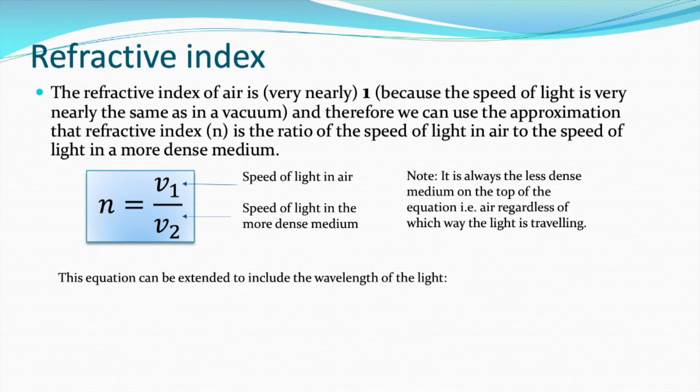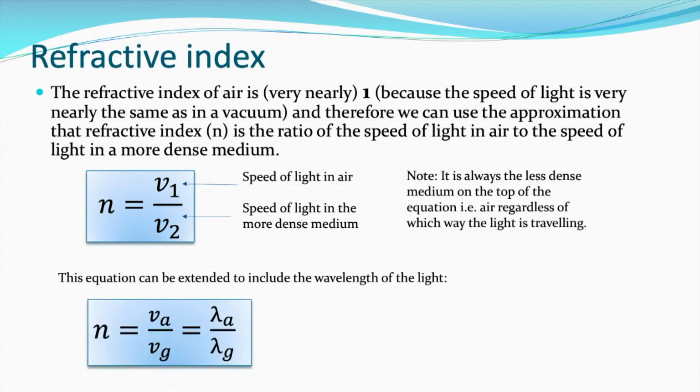Now, because the light slows down and the waves bunch up, the wavelength in a vacuum, or the wavelength in air, is longer than the wavelength in the material. When the light goes into the optical substance, the waves bunch up so the wavelength gets shorter. And we can extend our relationship so that it looks like this.